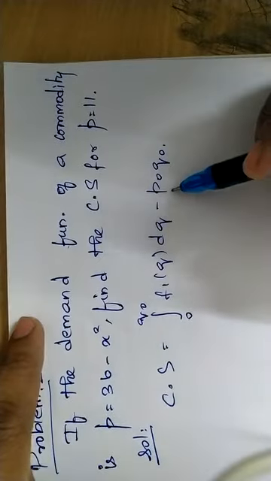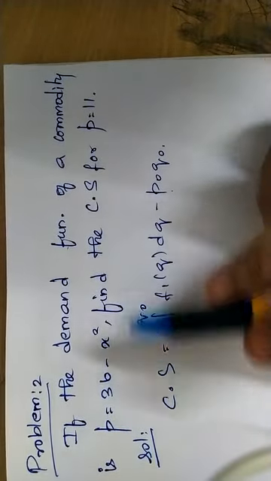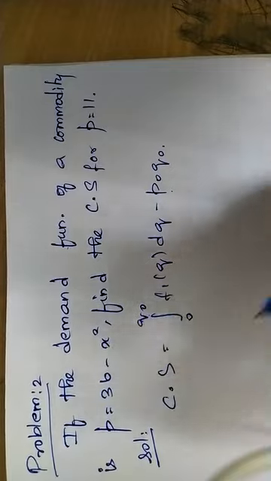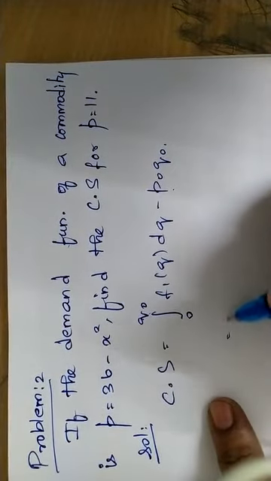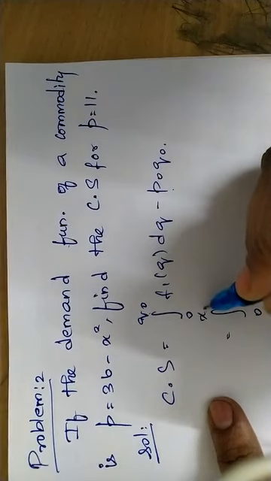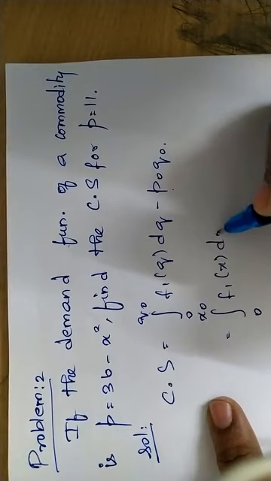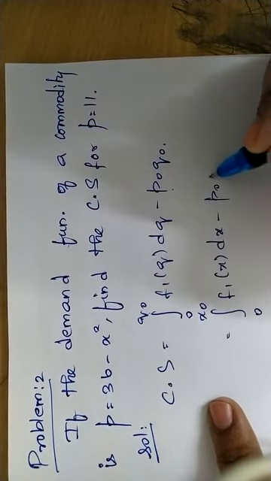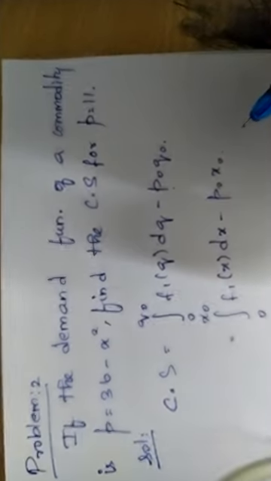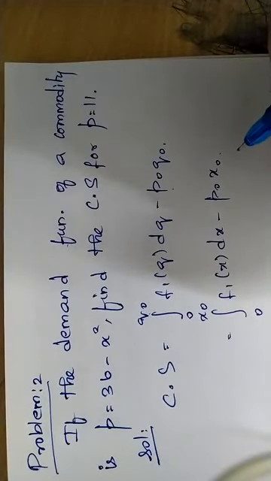Okay. So here we don't know what is the value for our Q naught. Here Q naught is replaced by x naught. So our formula now becomes integral over 0 to x naught F1 of x dx minus P naught into x naught. So this is how our formula gets changed.